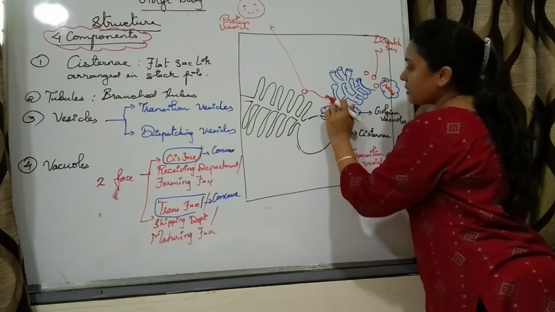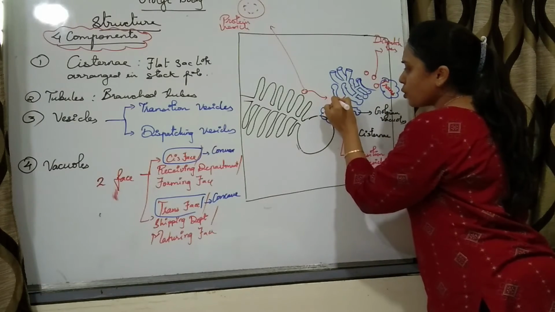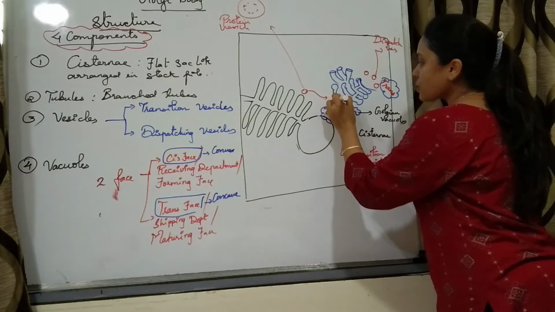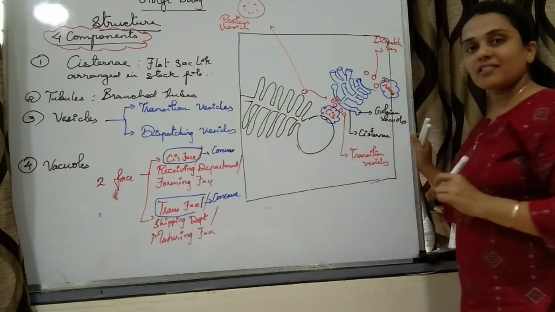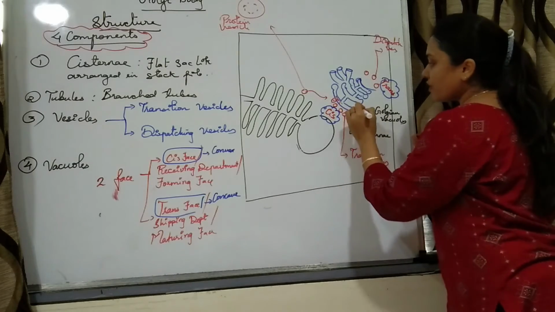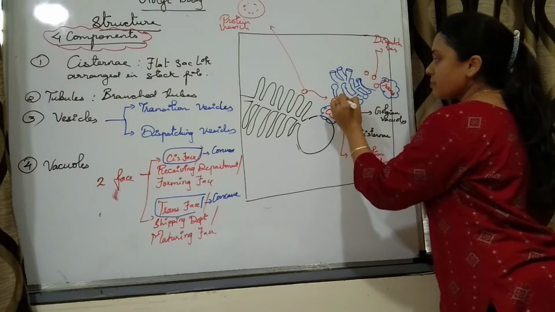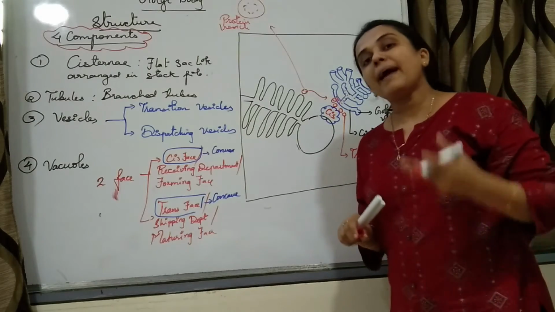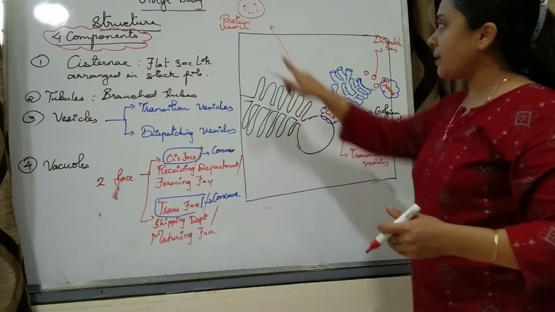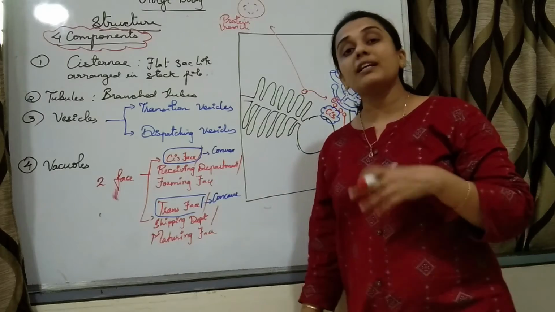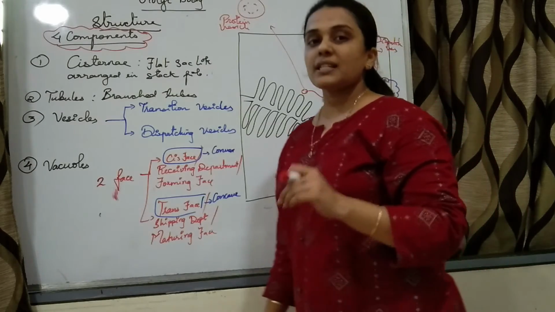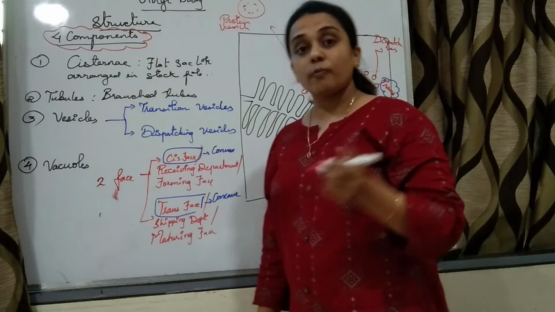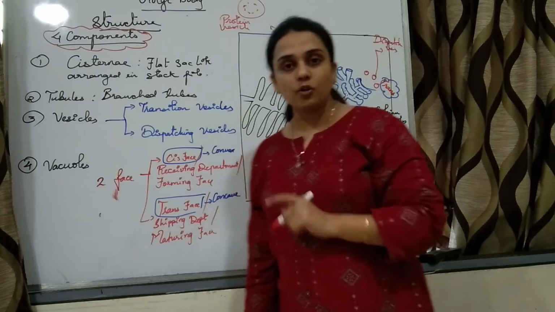This vesicle is going to fuse with the cisternae and the material is going to enter inside the cisternae. Within the Golgi body, this material undergoes modification and packaging. Say this is a protein and we want a glycoprotein. A glycoprotein is nothing but carbohydrate plus protein, so carbohydrate is to be added to protein.